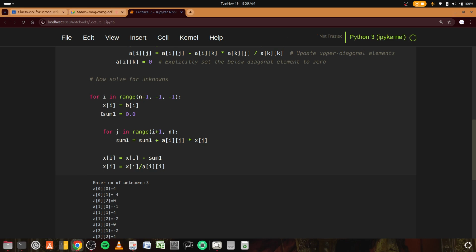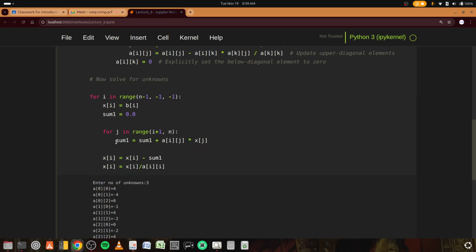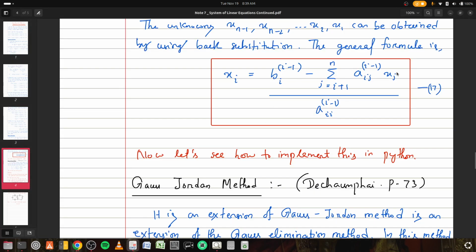First you take the sum value as 0, and then update the sum, that is sum equals sum plus aij xj, where j is in the range i plus 1 to n. So first you calculate this summation of aij xj, and then subtract it from bi.